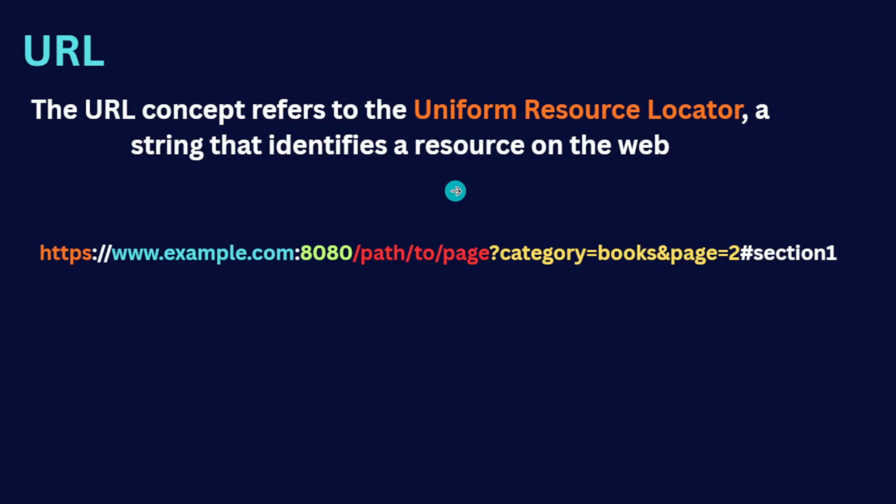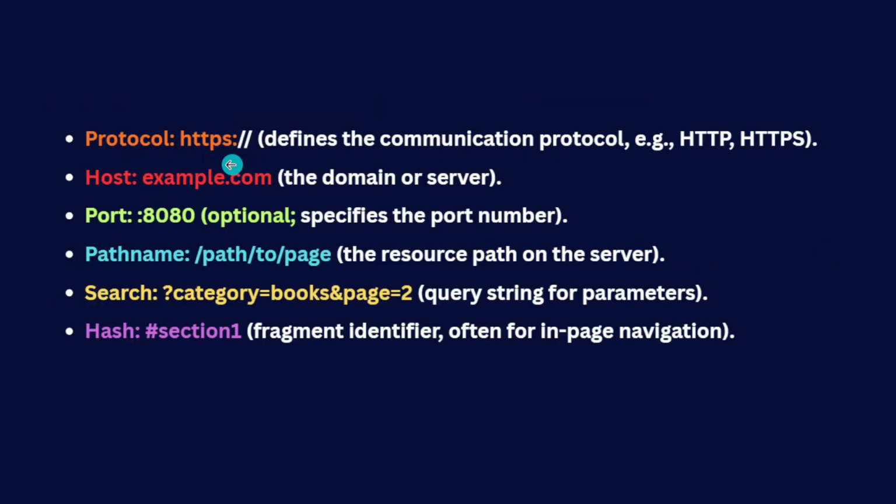URL means, I think, uniform resource locator, okay, and this is a simple URL. This is a protocol, HTTPS. If you use localhost, you cannot see the S, because S means more security.